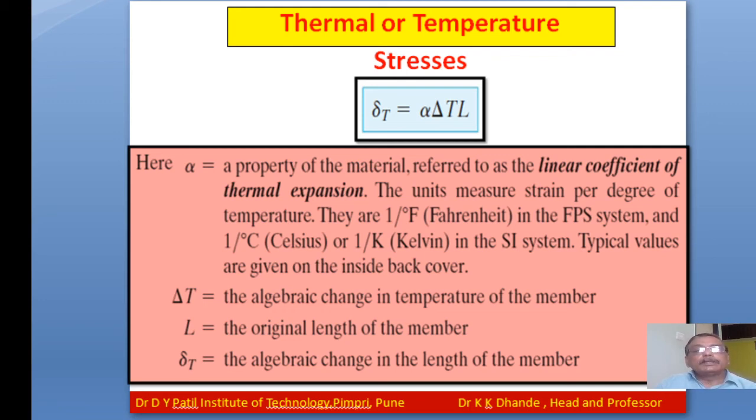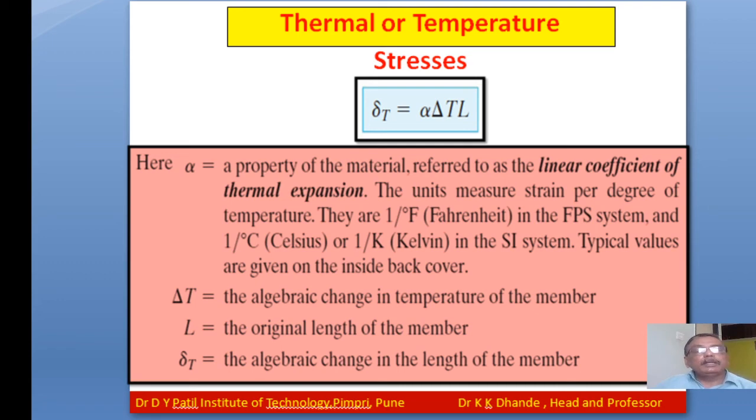The unit measures strain per degree of temperature. They are 1 per degree Fahrenheit in the FPS system, 1 per degree Celsius, or 1 per Kelvin in the SI system. Typical values are given on the inside back cover. We will discuss the coefficient of linear thermal expansion for different materials.